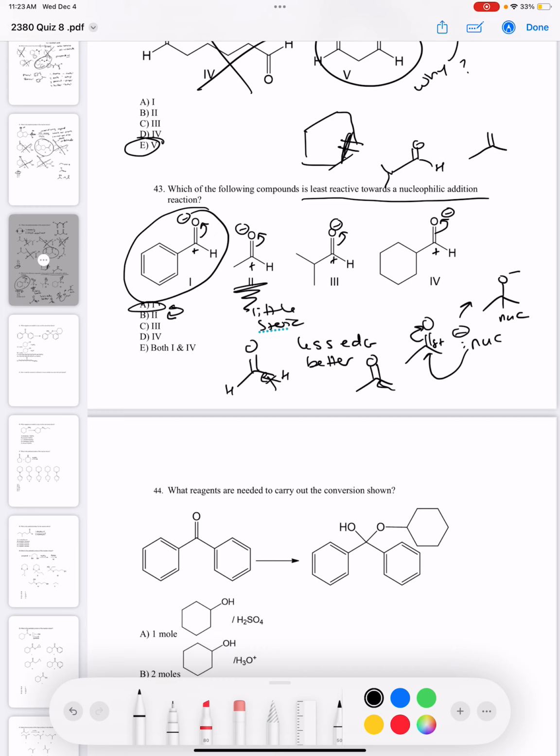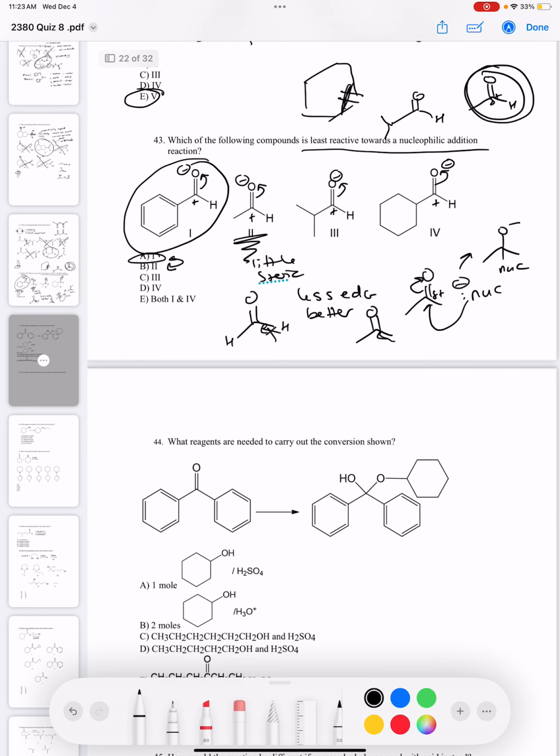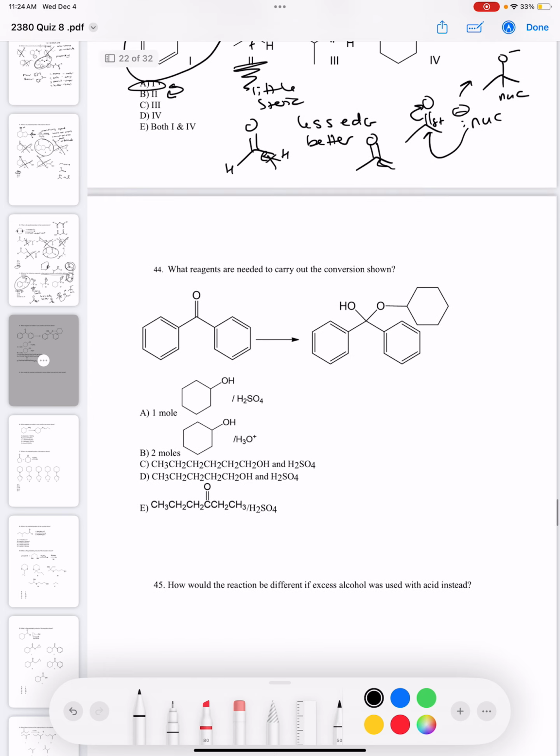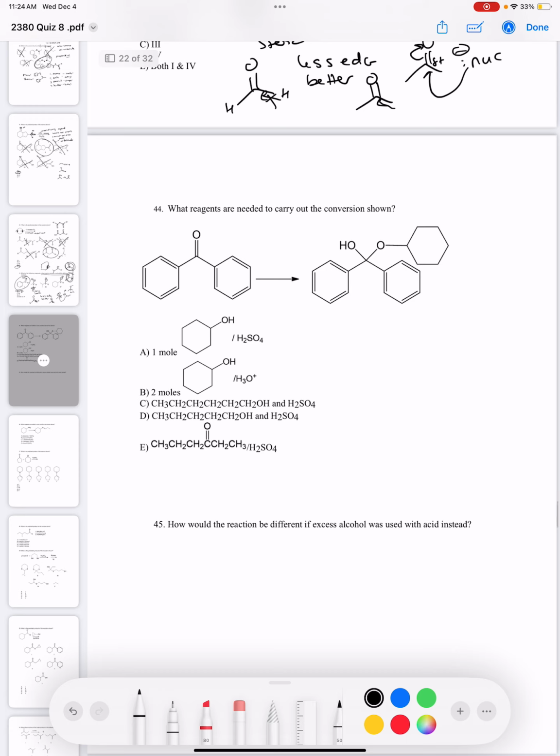So between these two, if I was going to rank them, this one would be more reactive because it's more electrophilic here, with less steric hindrance and less electron donation. So between these, this one would be the best because there's no steric hindrance and there's less electron donation.